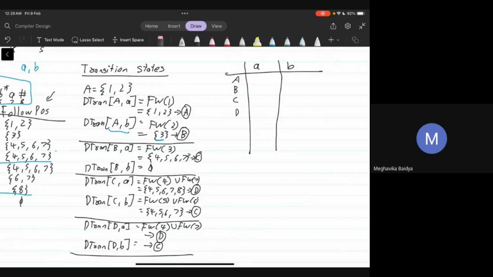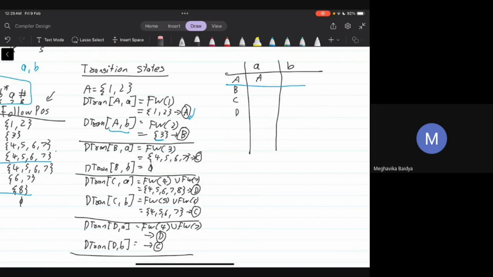So now we do this. Say for A, where does it go with the input A? It's 1 and 2. What is 1 and 2? Dtran of A comma A, that is A, right? So you write this A here.